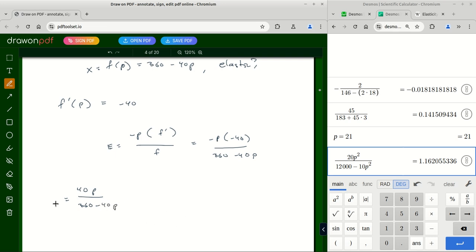Okay. So this is my E. And they're wanting to know where it's elastic and all that kind of stuff. So what we're going to do is set this equal to 1 because that's kind of like where the cutoff lines are. I think you can also set this equal to 0 to see the other one.